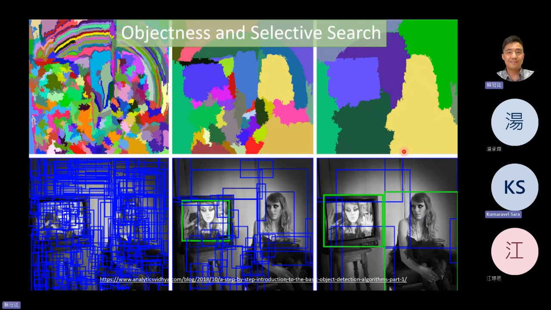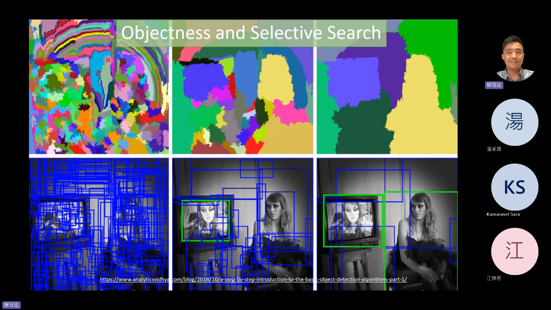Before we continue, how can we detect an object? Previously, people tried to detect locations that may include an object, which is called objectness: how likely this image patch is an object.